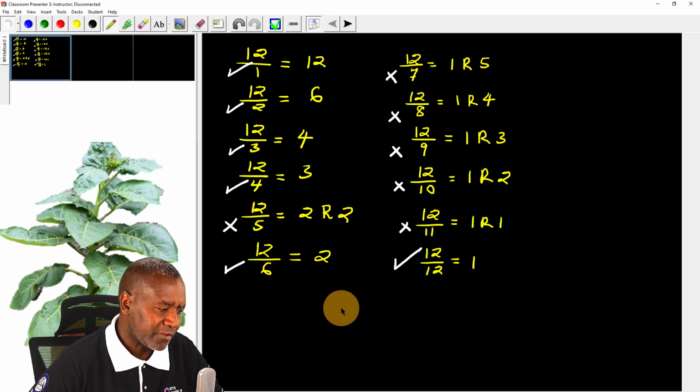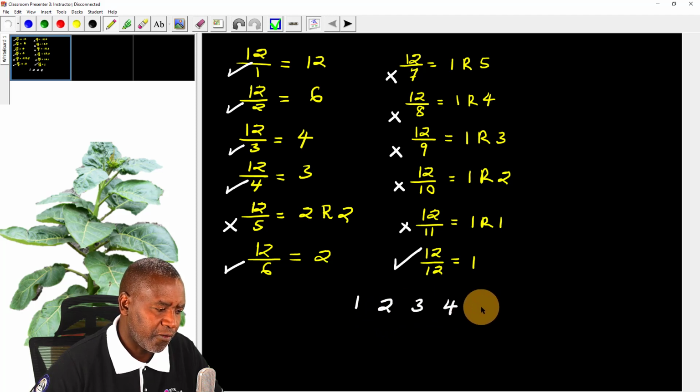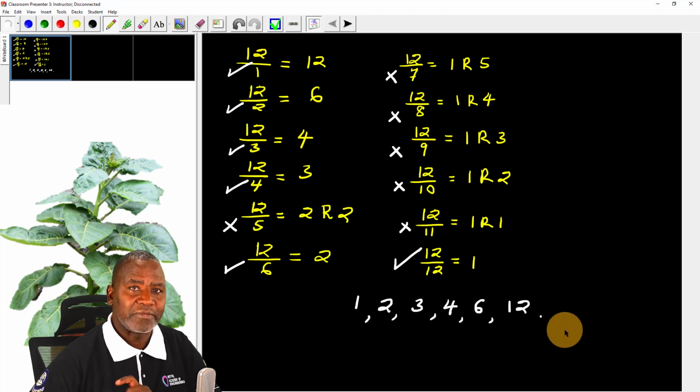So when we look at factors of a number such as 12, we find that the factors of number 12 are 1, 2, 3, 4, 6, and itself. These are the factors of number 12.